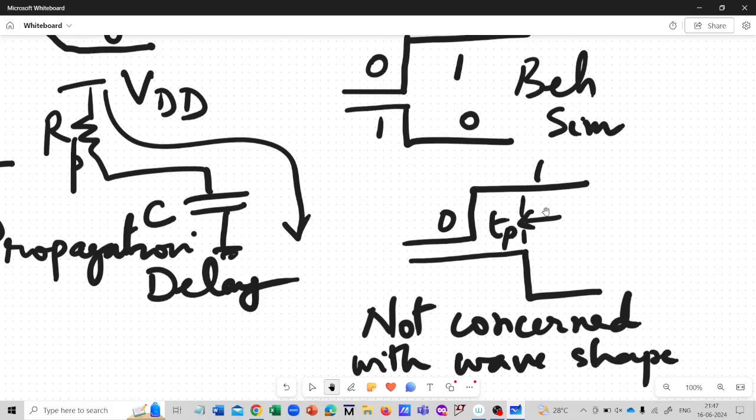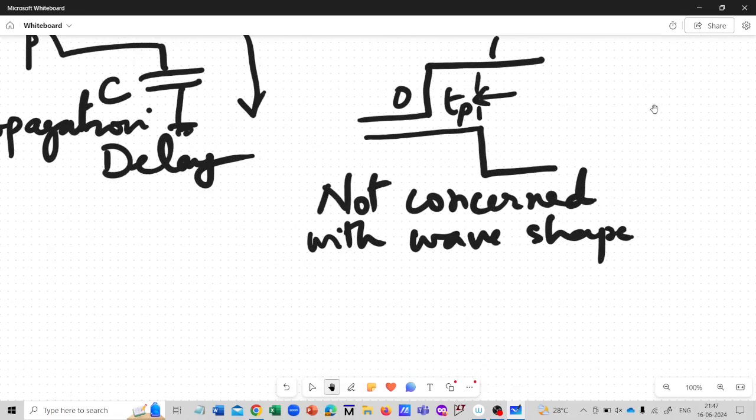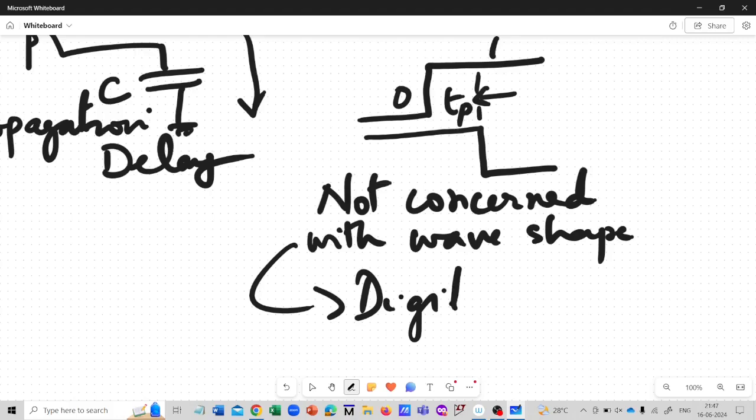They are only concerned about the logical behavior of the circuit, and if timing simulation is carried out, then the lumped delay of the particular circuit will be reflected in the output. It will be shown as a total delay after which the expected transition is shown. So this is the case of the digital simulator.